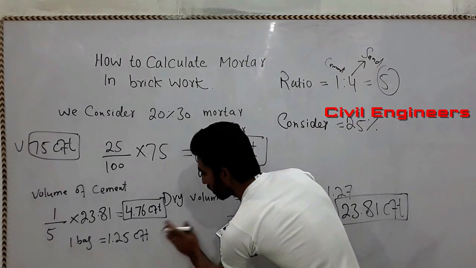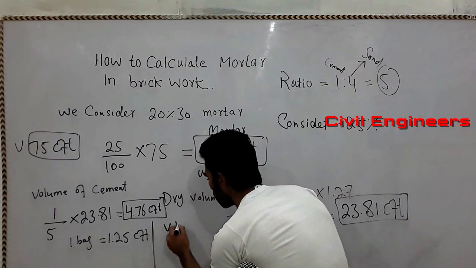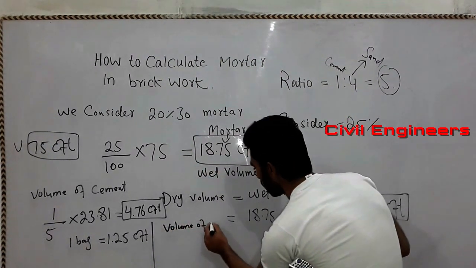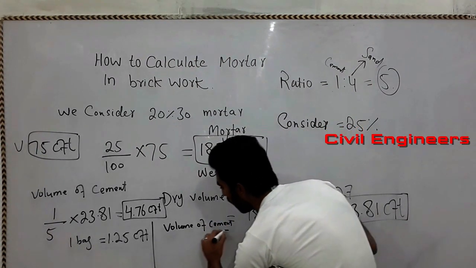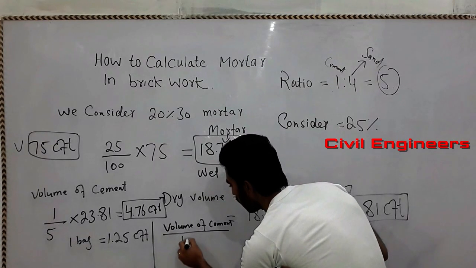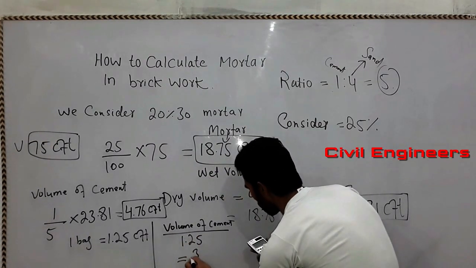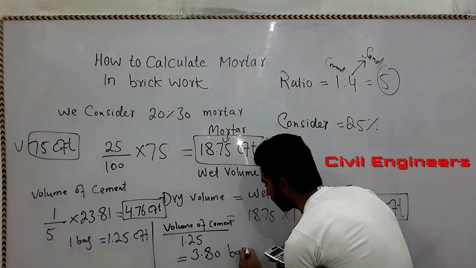So just write here: volume of cement divided by 1.25 gives us 3.80 bags.